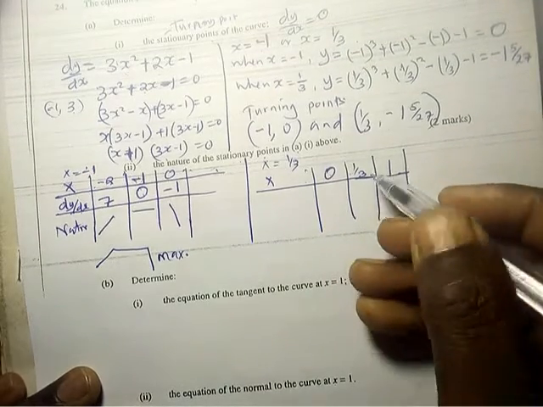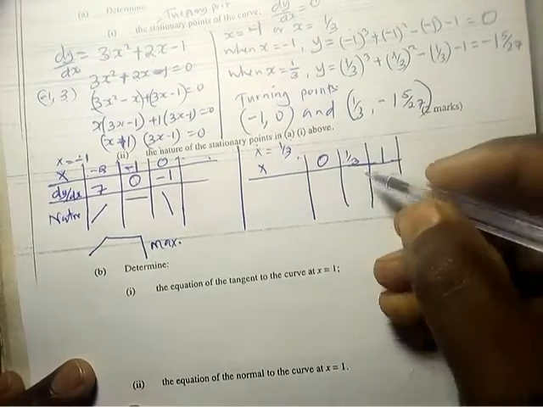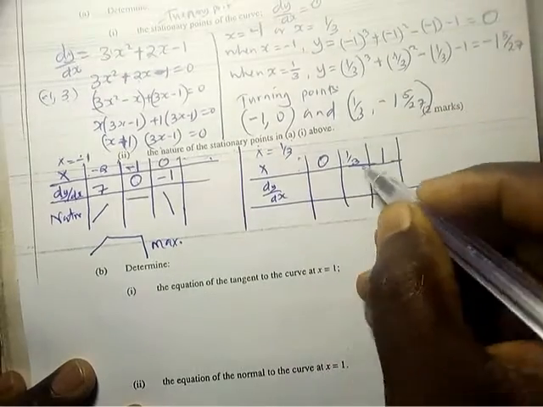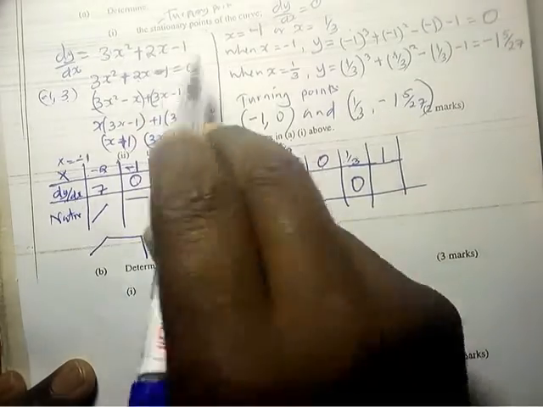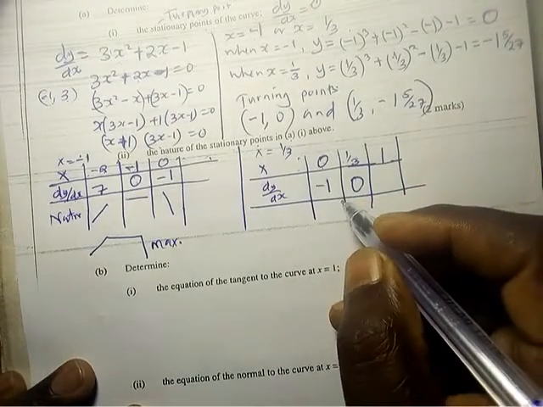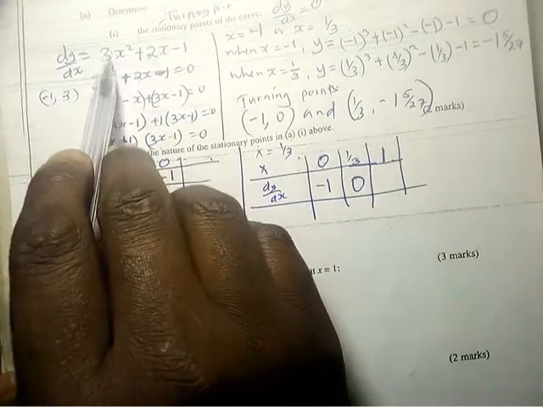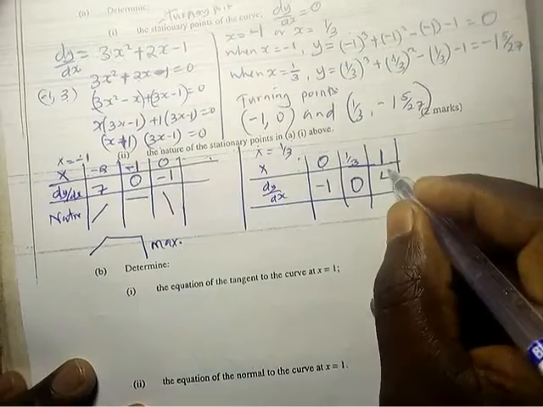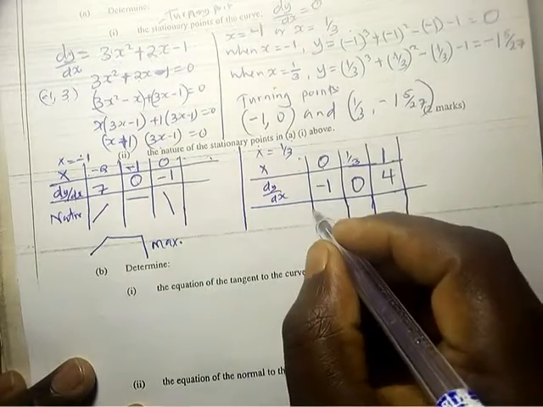Okay? So you have one number in front and another number behind. So when we substitute here for dy over dx, you substitute this one, it will be 0 here. Substitute with 0, we will have negative 1. Substitute with 1, sorry, we will have 3 plus 2 minus 1, which is 4. We will have 4. And now we determine the nature.